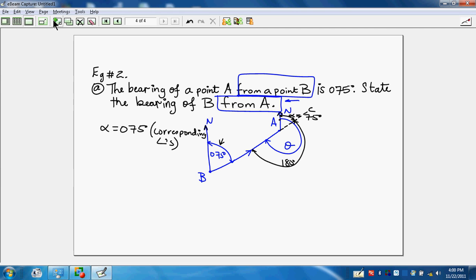So we write, therefore, angle theta, which is the bearing we're interested in, will be equal to alpha plus 180, which is the same thing as saying 75 plus 180. So our required bearing will be equal to 255 degrees when you add them up.